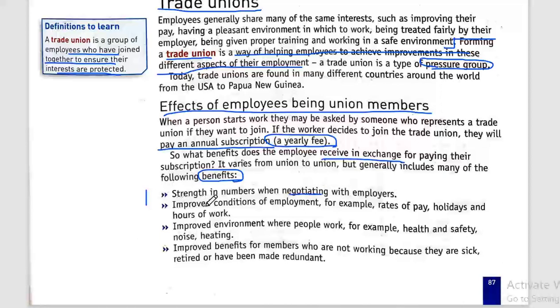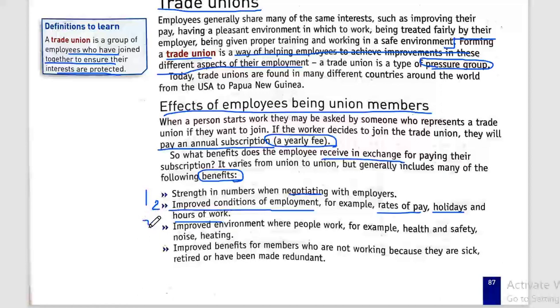Number two, improved conditions of employment. This union can discuss matters with the higher management or the employer to improve conditions of employment, and sometimes the employer accepts, and I can have a better condition of employment just because this union discussed that with the employer, such as rate of pay, holidays or the hours of work.